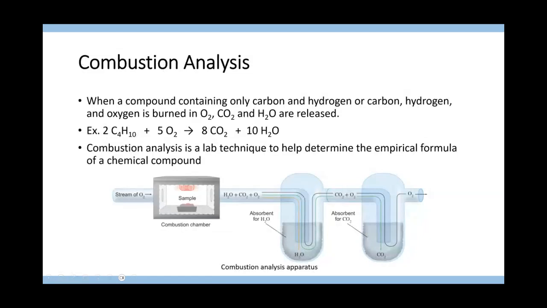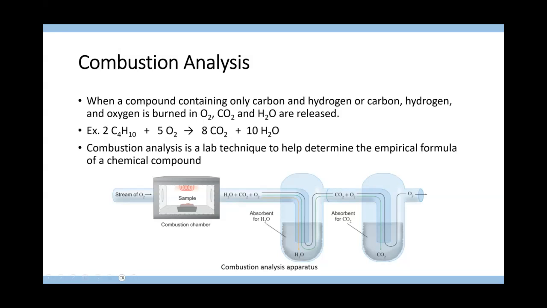So when something containing carbon and hydrogen, or carbon, hydrogen, and oxygen is burned in oxygen gas, O2, that produces carbon dioxide and water. Those are the only two products. And there can be some excess oxygen as well, but those are the only two new products.